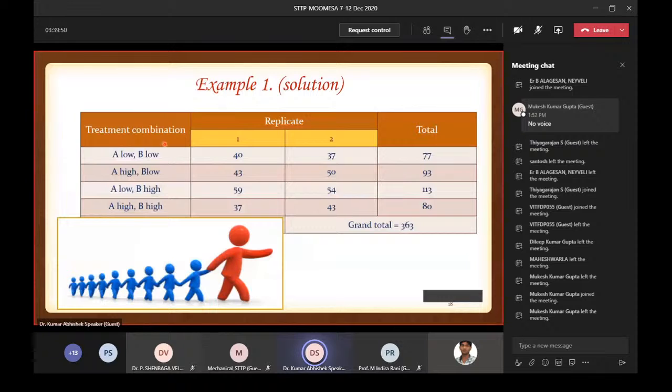if you look here in the table, these are the outputs that you have achieved, so you should calculate its mean value.